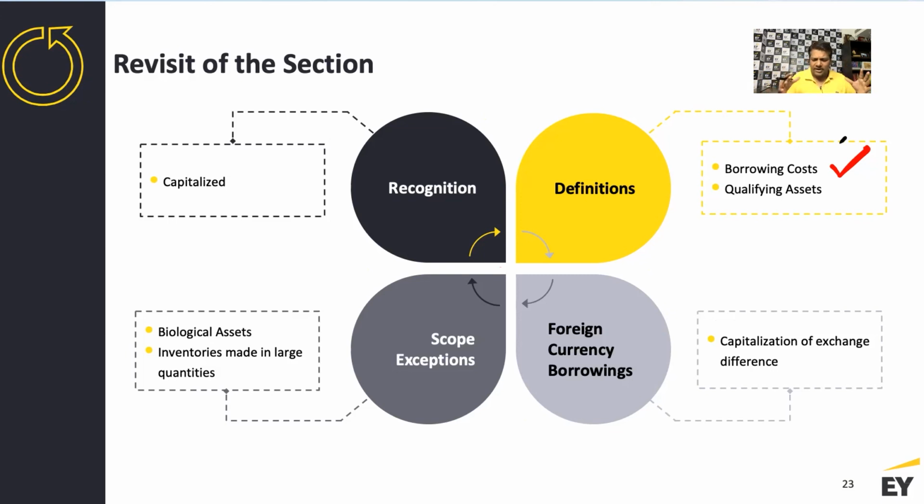So once you've understood the concept of a qualifying asset, which could be an office building or office headquarter or a factory building, or an inventory which takes a substantial period of time for you to build, like a ship, all of that in a way qualifies.